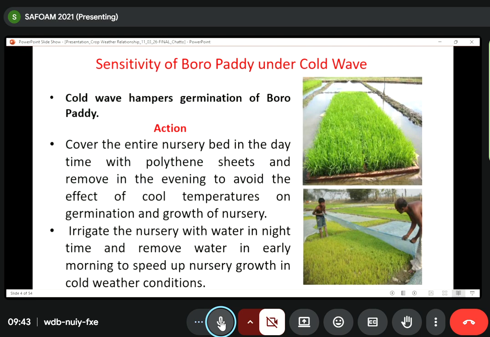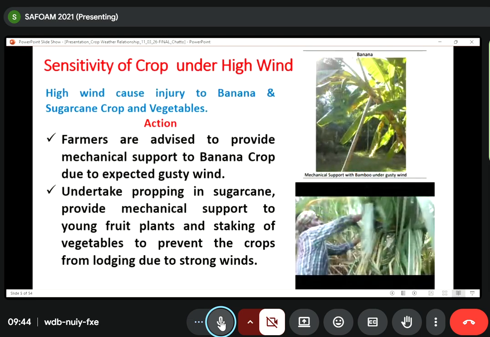So to protect the seed bed and the seedlings from the cold wave, we advise the farmers to put plastic so that the cold wave does not touch the seed bed and the seedlings. That means boro paddy is very sensitive at the initial stage to the cold wave.